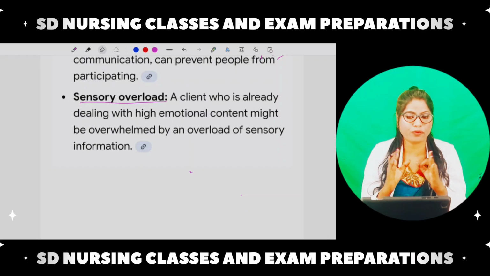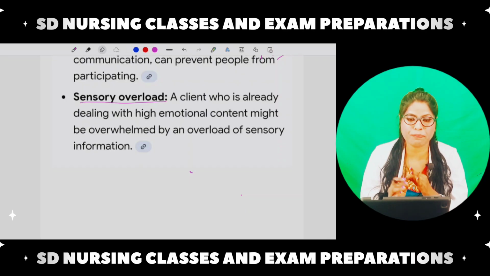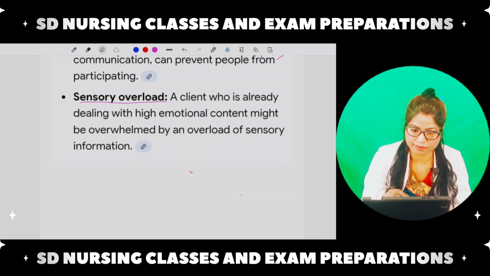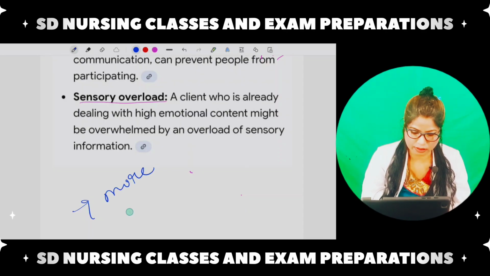If you communicate like this with the patient, what will be the patient's condition? She will be more distressed and overwhelmed.